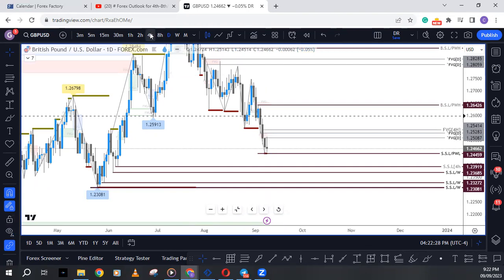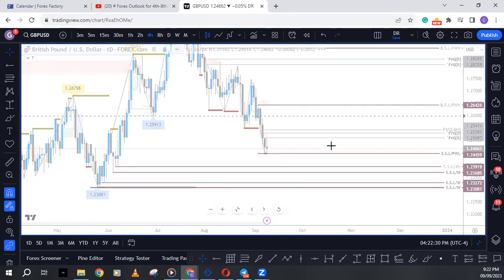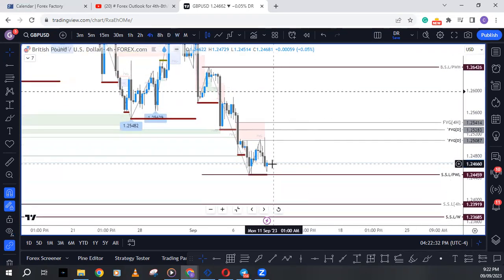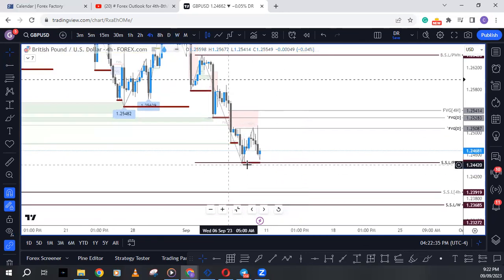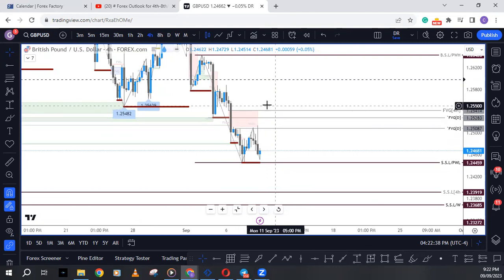So going into this new week, I'll prefer to see a little bit of a corrective rally. I don't want to see it sweep this low. I want to see it first rally into this area here, into this 4-hour fair value gap here.